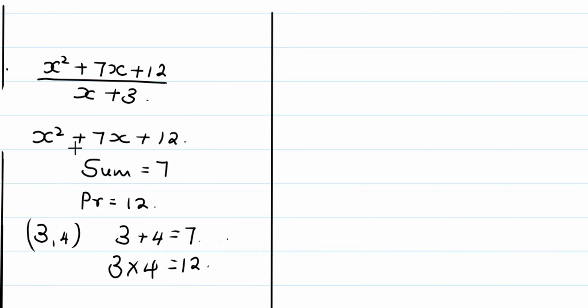Then from there, instead of writing 7x, this 7x can also be written as 3x plus 4x. The reason why I put 3 and 4 is because our two numbers are 3 and 4. So instead of writing 7x, I just wrote 3x plus 4x, which anyway will give us 7x.